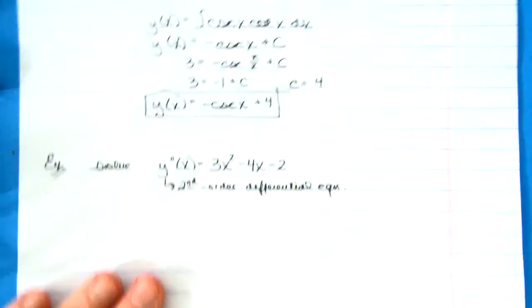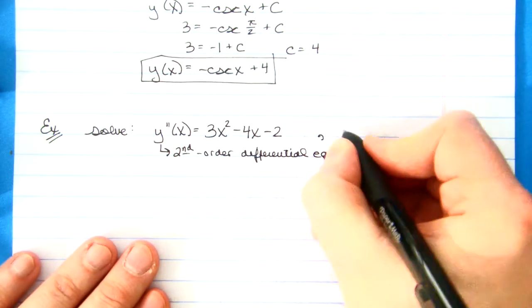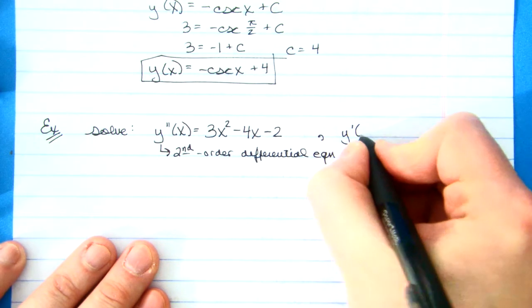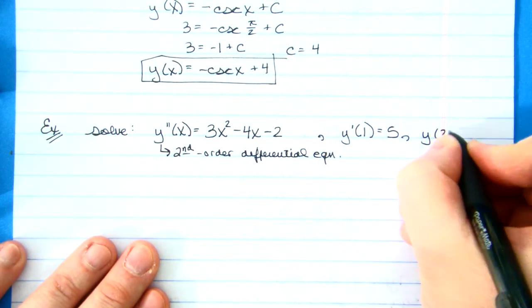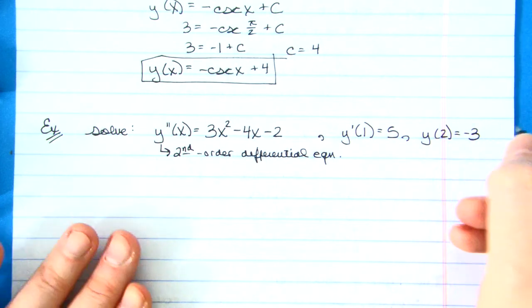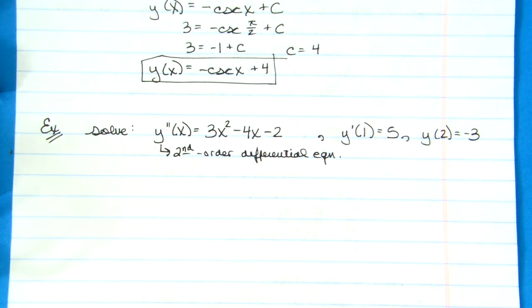I'm also going to give you a little bit of additional information here. I'm going to tell you that y prime of 1 equals 5, and that y of 2 equals negative 3.